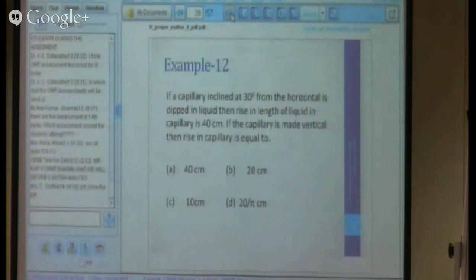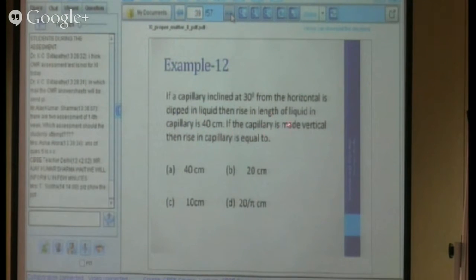This simple one. Yes. A capillary is inclined. In your lecture for the theory, this part was explained, right? Do you remember the formula? A capillary is inclined at 30 degrees with the horizontal, is dipped in a liquid which then rises in length of the liquid to 40 centimeters.